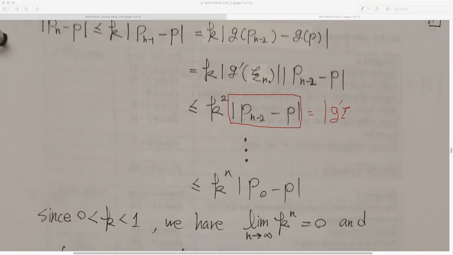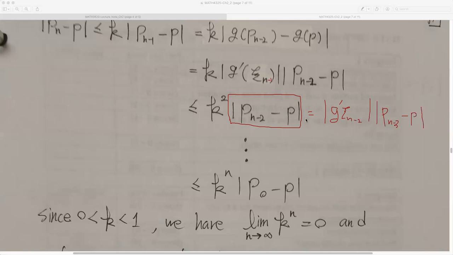That should be n minus 1, and this should be n minus 2. Then c and then p. Give me a second to see. Yeah, so this should be P_{n-3} minus P. Oh yeah, P right here.